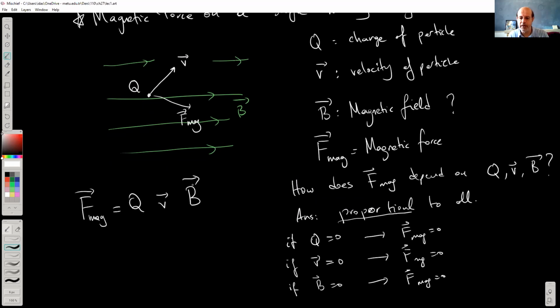And here is the problem. We have talked about vectors and scalars. Charge is a scalar, but the velocity and the magnetic field are vectors. The force is also a vector. So somehow we have some kind of product of two vectors here, and that should produce a vector.